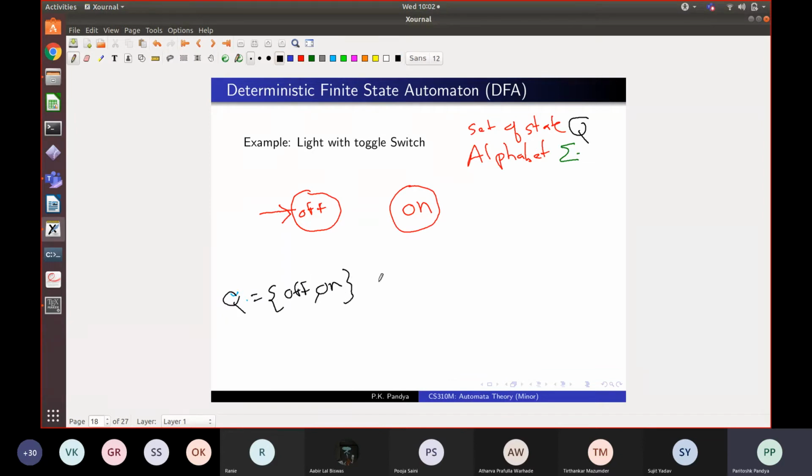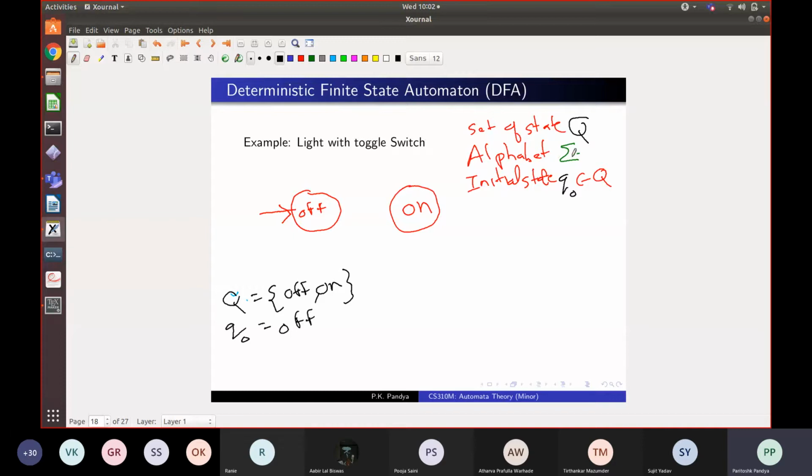The initial state must be a member of Q, so I will have q0, which is one of the elements of Q, of course. It has to be that. So q0 is equal to off. My initial state is off.